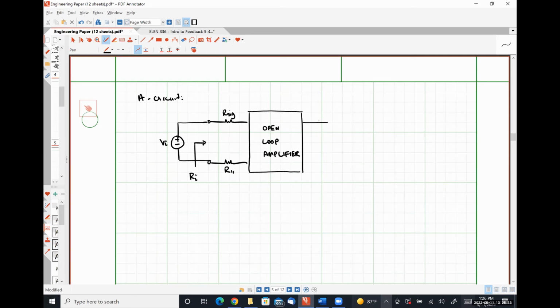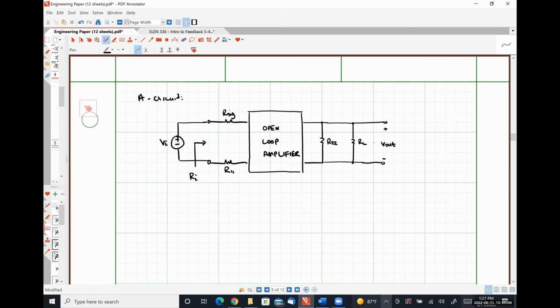On the output side, we should see R22 in parallel with RL. And then here is our pair of output terminals where we measure V out.